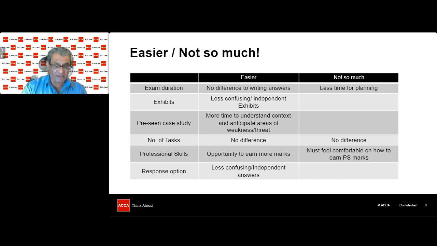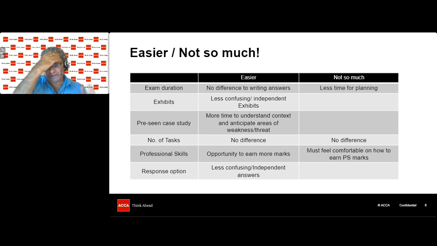If you're familiar with writing 3-hour examinations, and if you look at some of the previous videos on the approach to writing answers in SBL, that is the same. You can rely on all the guidance available in the ACCA resources. So there's no difference, and we like that.